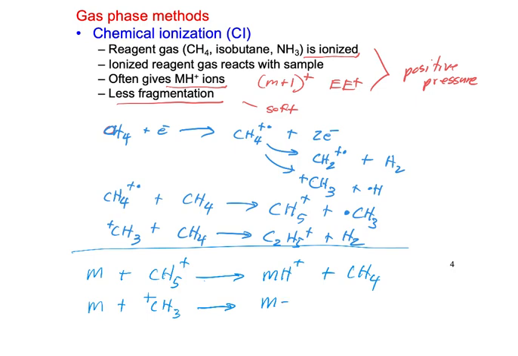I guess I'm going to draw this as a bond, CH3 plus. That's kind of confusing, though. It looks like I'm subtracting it. It was what I would usually do, but this is called an adduct. So it would be a methyl group higher. Instead of adding a proton, we added a CH3 group. And so for different reagent gases, you can see different adducts in this way.